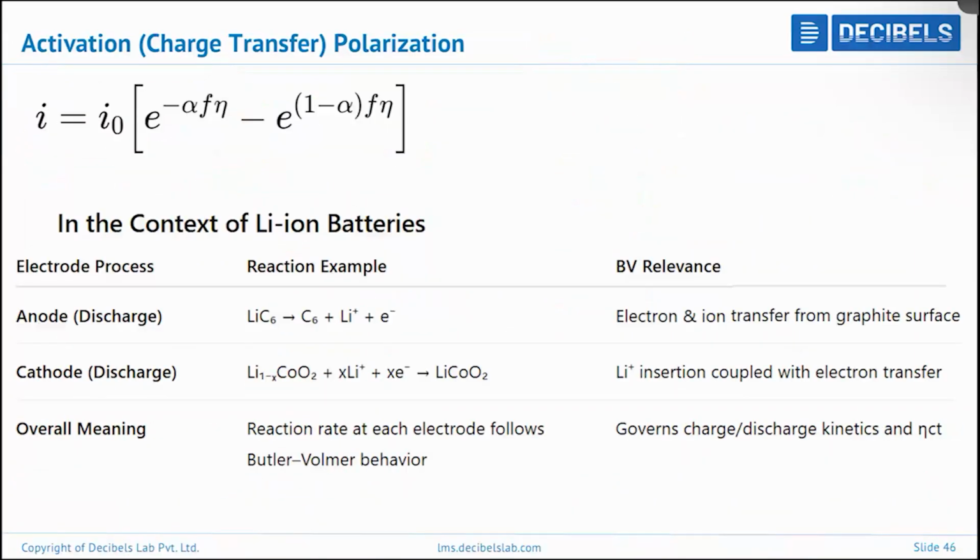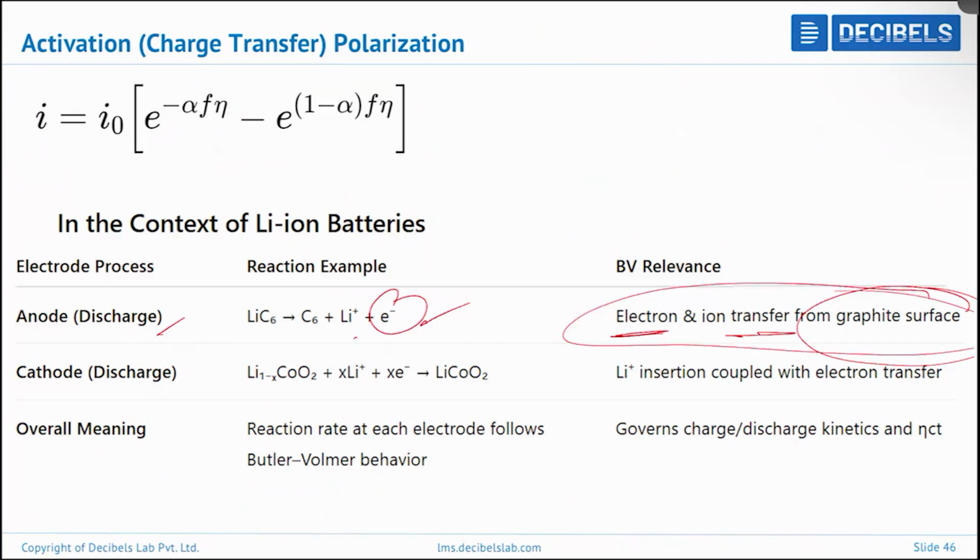In the context of a lithium-ion battery, at the anode during discharging, the electron and ion transfer from the graphite surface. How fast the lithium ions are coming out from the graphite decides the charge transfer, the rate of the reactions.